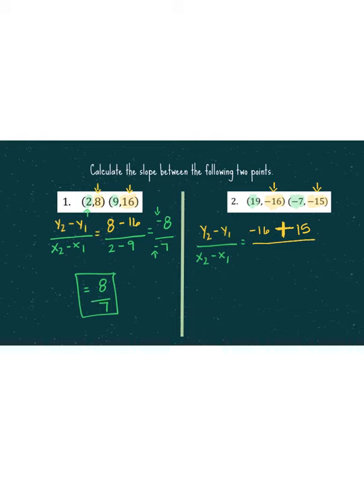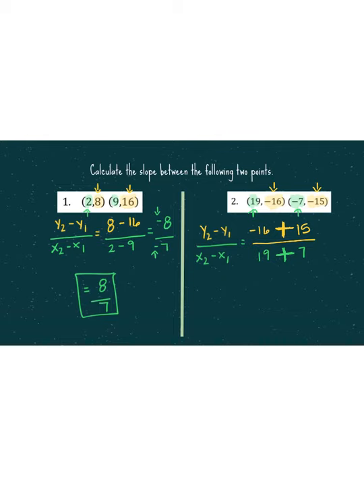Okay, and then I'm going to go over, and now I'm going to look at my x values. So my first x value is a 19, and the formula says minus, so I'm going to say minus, but my second one is a negative again. So minus a negative is also going to turn into a chunky plus, and I'm just going to put my 7 after that.